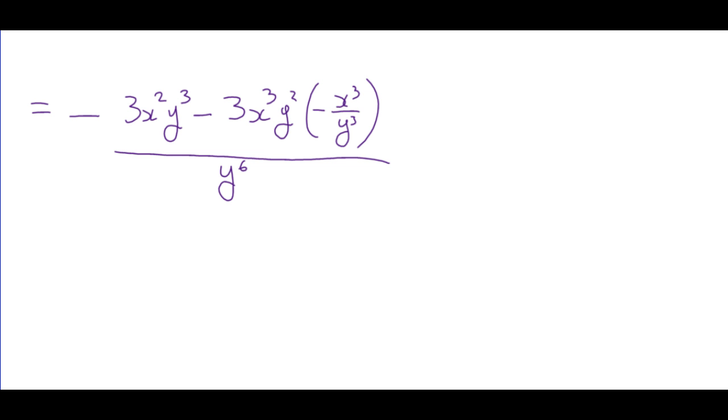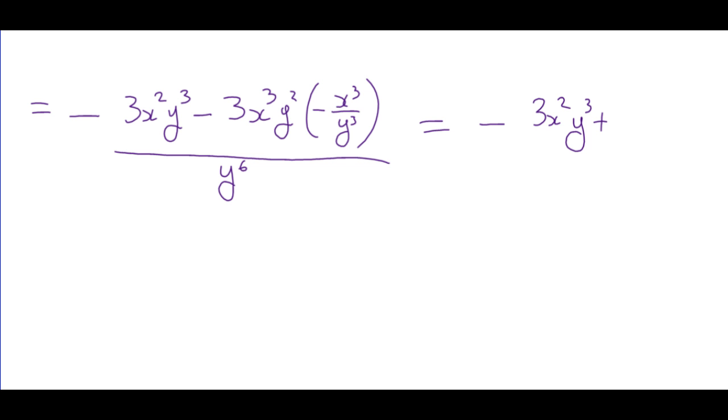So how much detail do you want in cleaning this up, right? So let's do a reasonable amount of detail. We'll go through them. I'll go across. So we got a negative. We got the 3x squared y cubed minus, oh wait, it's going to be plus, right? So minus times minus will be plus 3x to the 6th over y.